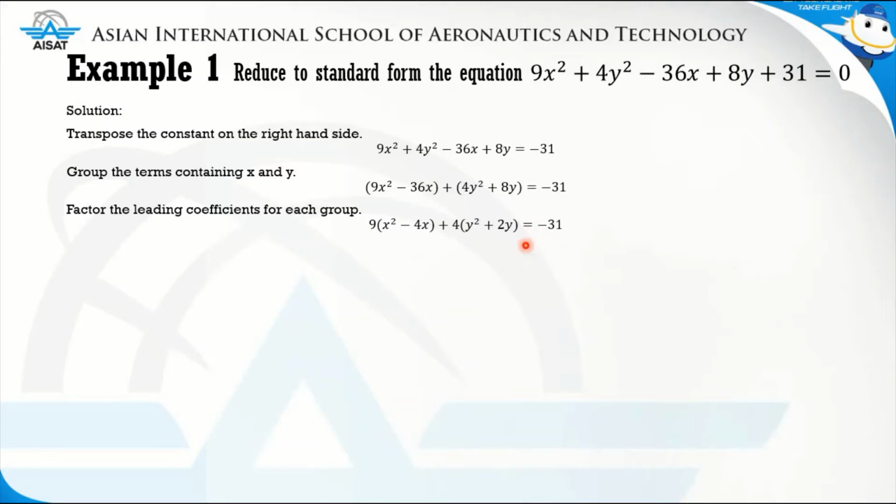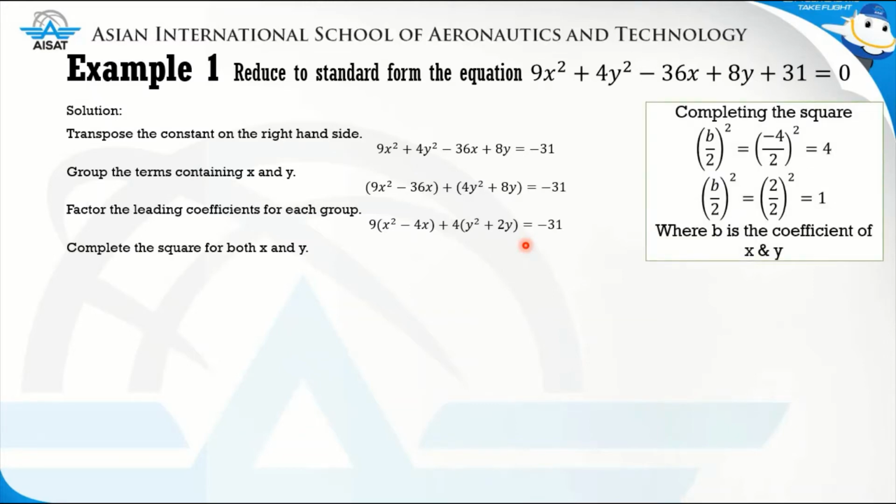For the next step, we are going to complete the square for both x and y. So we have this pattern, (b over 2) squared. For the first group, the value of b is negative 4. So we replace b with negative 4 and we simplify the expression.